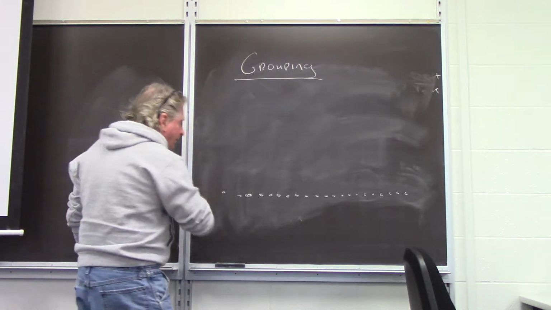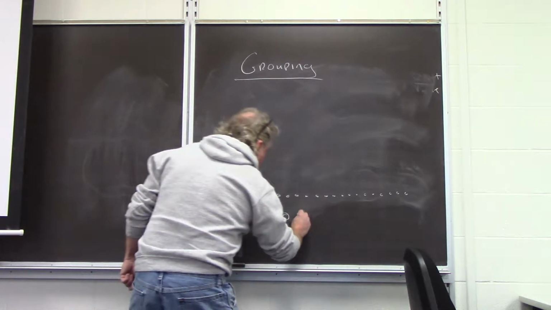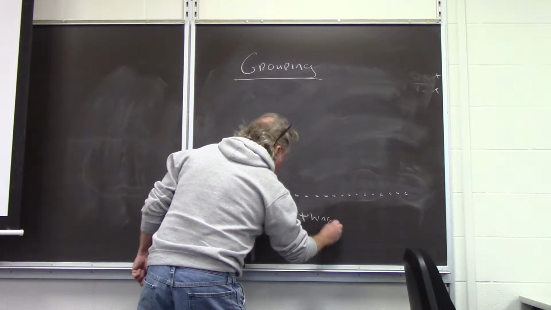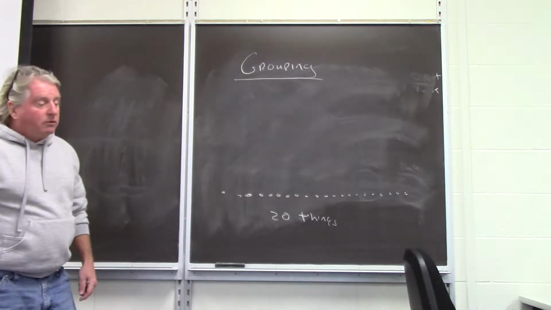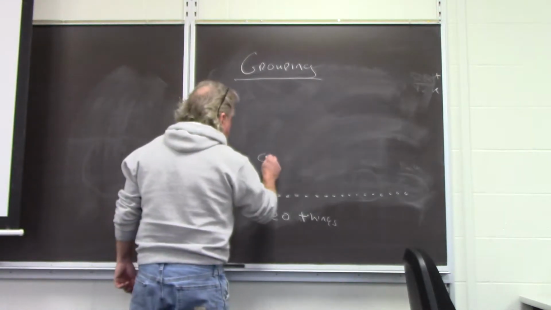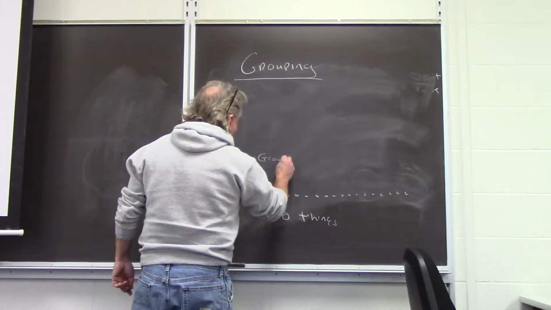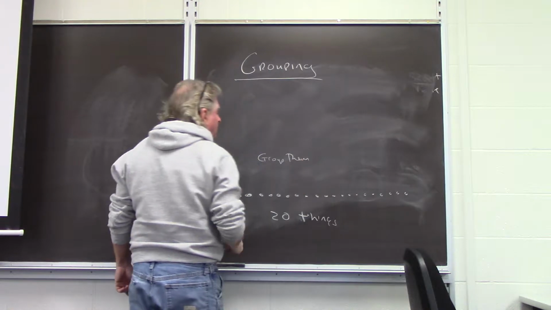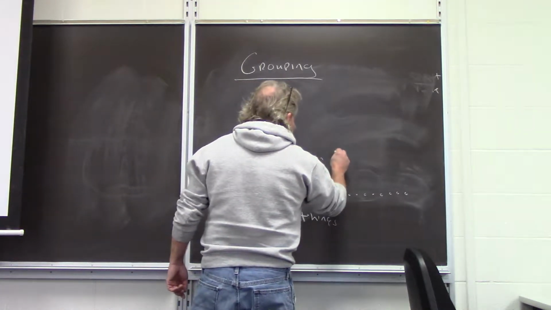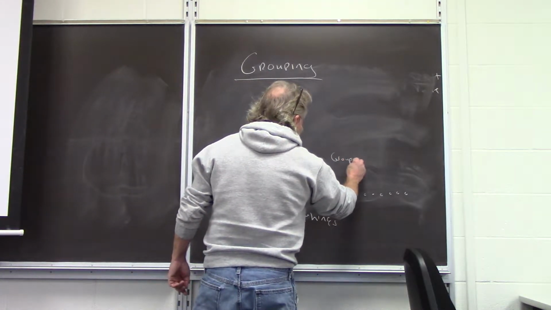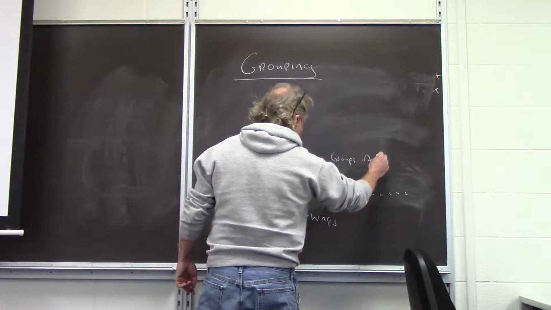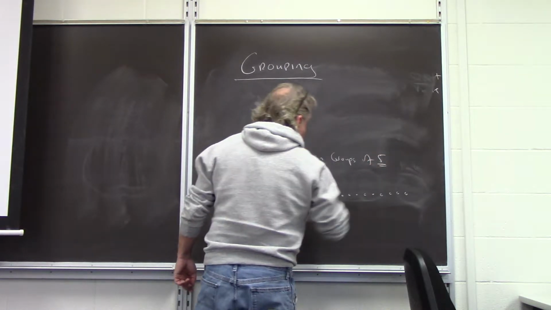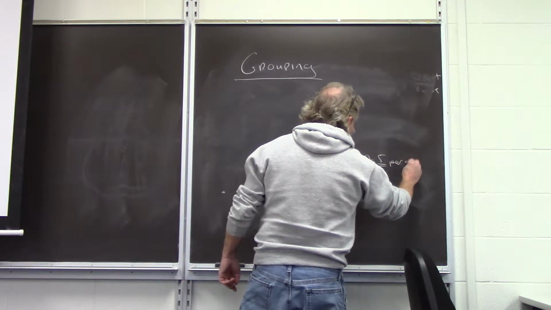So I have 20 things, and what I want to do is group them into groups of 5 per group.